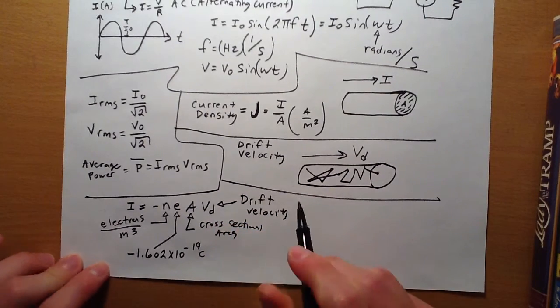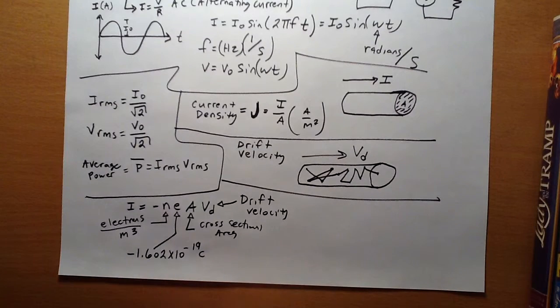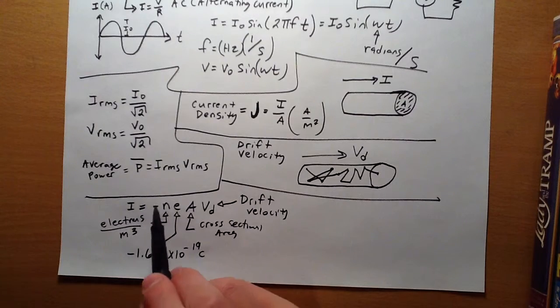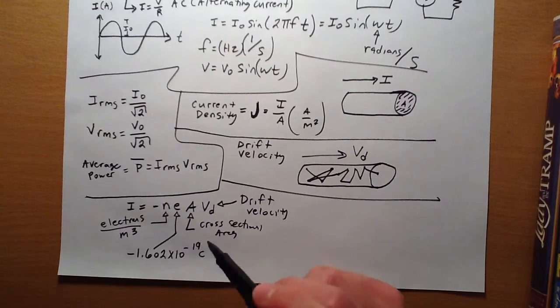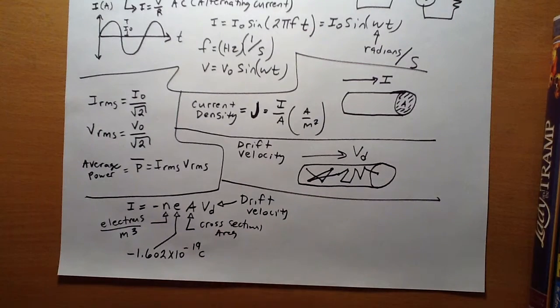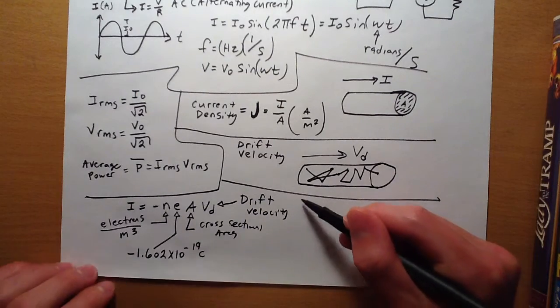That's the average speed that electrons move through the wire. So, if you know all these constants except one, you can solve for the final constant. So if you know current, you know the density of the material, the molar mass, that kind of stuff, you can solve for electrons per meter cubed. E is a constant. A, you know pi r squared, solve for that, and you can get drift velocity.